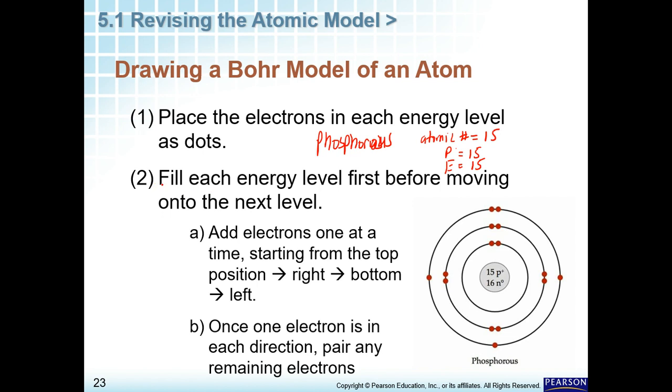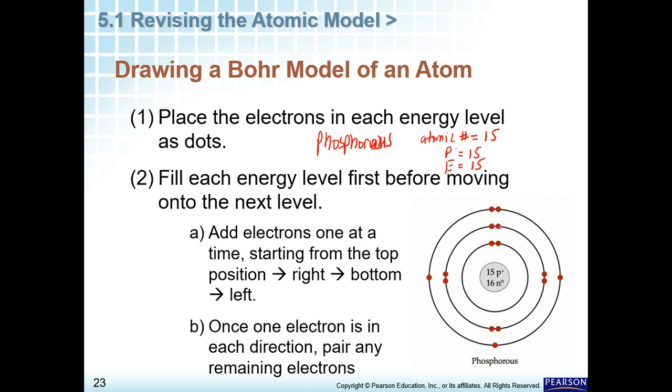With these 15 electrons, we want to fill each energy level first before we move on to the next. So here is our first energy level in the very center. We can put 2 electrons on this energy level. Now, we can't fit more than 2, so we have to move to the next energy level, which can hold 8.